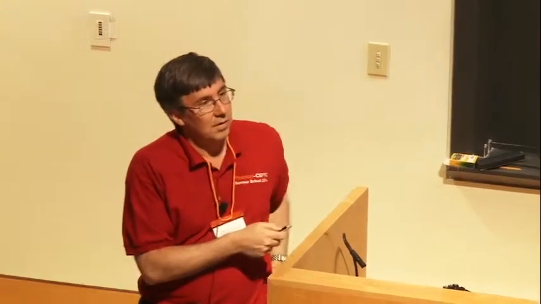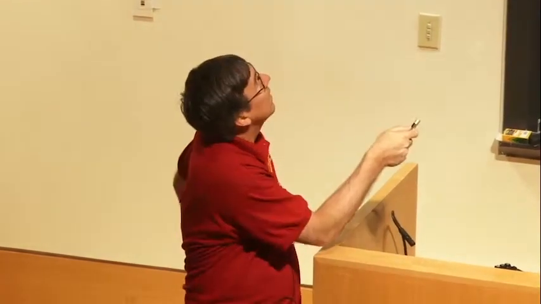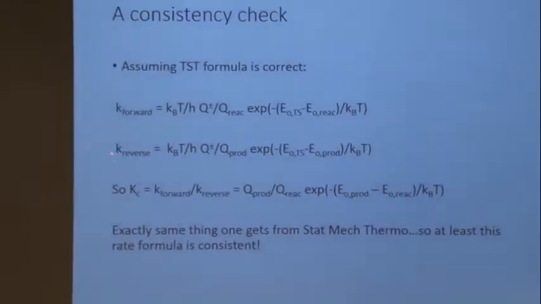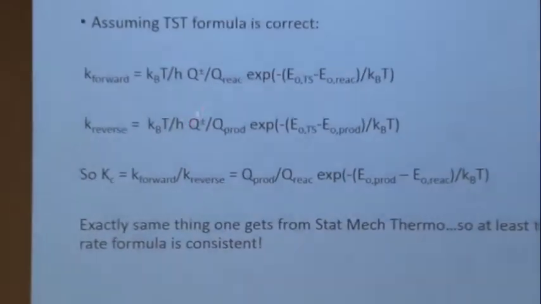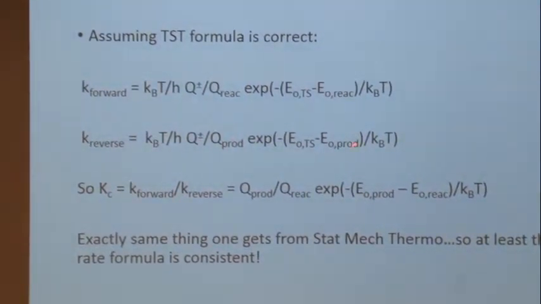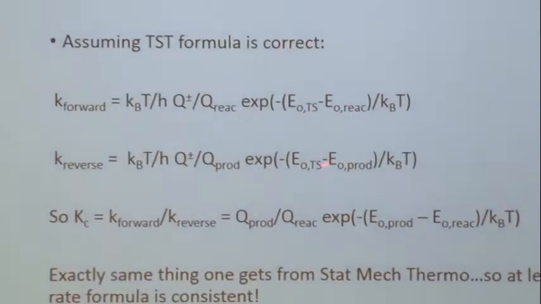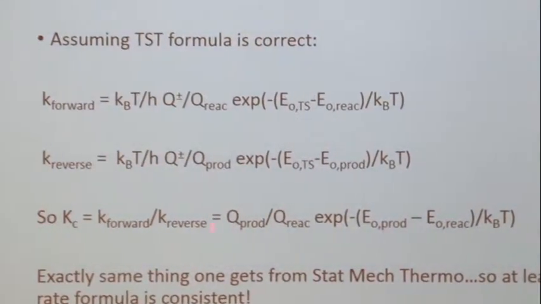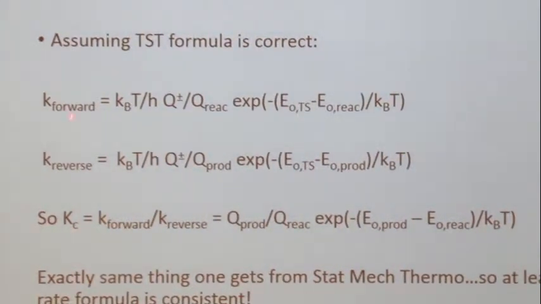Here's a nice little check you guys should maybe do as homework. If you have a forward rate that has this formula, that's the transition state theory formula, and a reverse rate that has this formula, where the difference is now that instead of having the reactants, you're now coming from the products. And so you have the products here instead of the reactants in the energy difference. If I compute the Kc, that's the ratio of these two guys, what is it?